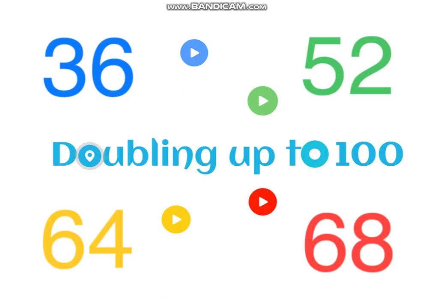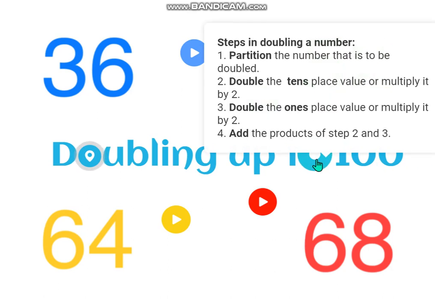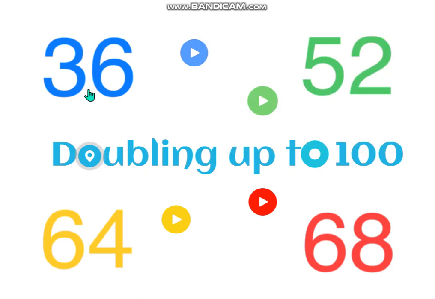Okay, so let us see what 4 steps we need to follow. First one, we are going to partition the number that is to be added. So if we are going to partition, let's say 36, that would become 30 plus 6.